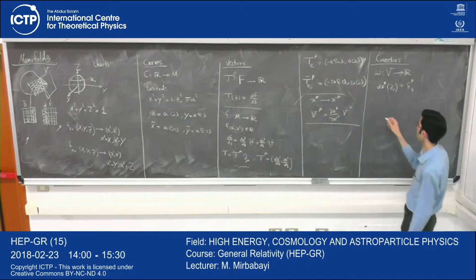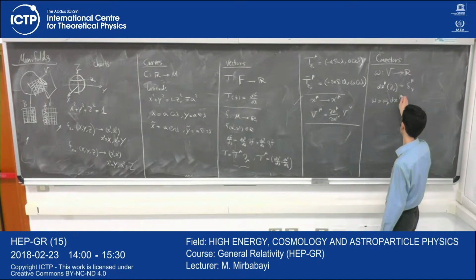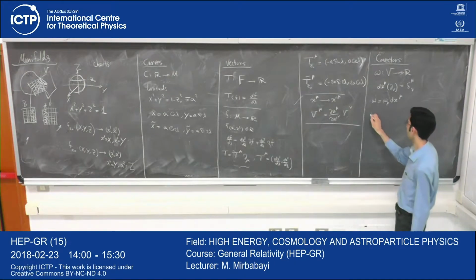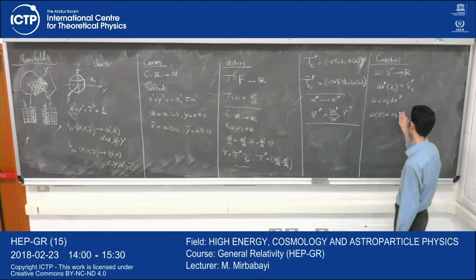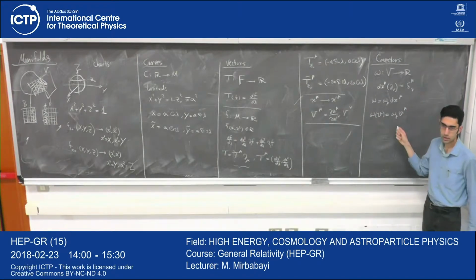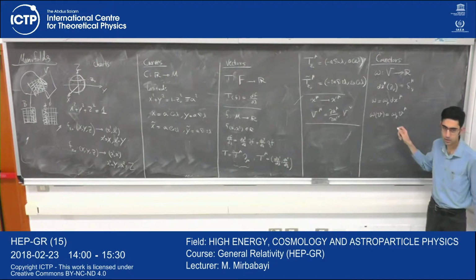And then a general covector will be written as omega_mu dx^mu, in terms of this basis. If it acts on a vector, it gives me a number which is the sum of omega_mu v^mu. So this is basically what we used to call a covariant vector.